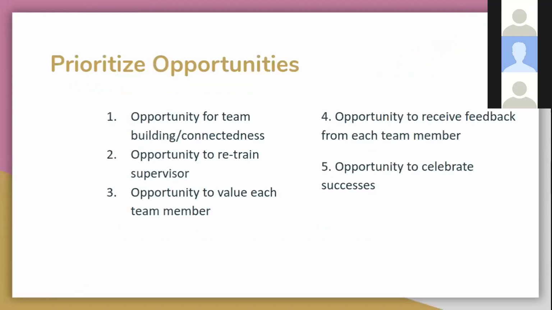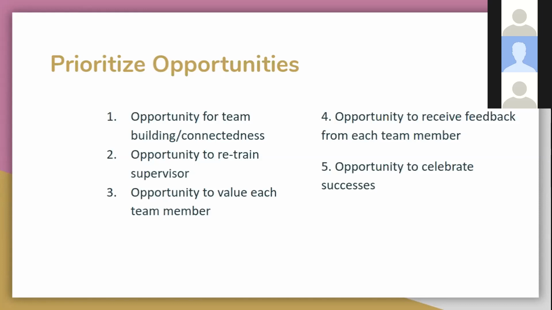What we discovered were some opportunities that needed to be prioritized. The first, because of the cliquish team behavior, was the opportunity for team building and connectedness within this team. The second: there were some comments that John had favorites, or sometimes wouldn't give feedback, so there's the opportunity to make sure he's a competent leader and maybe retrain him as a supervisor.